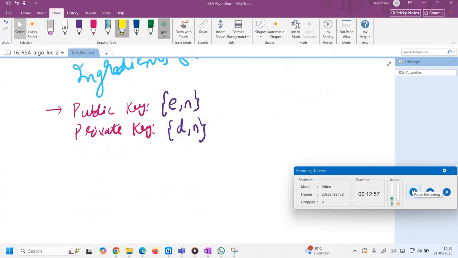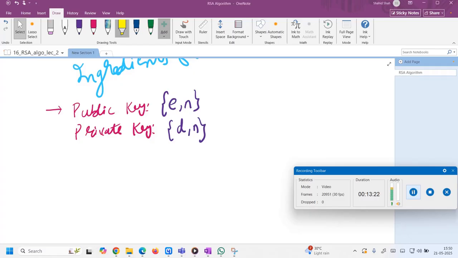Okay, let me now summarize the RSA algorithm in this video, and I will publish a separate small video where I will give the example. In parallel, I am also preparing one video which will provide the ingredients from number theory which we are going to use here. So three separate small videos makes it better.